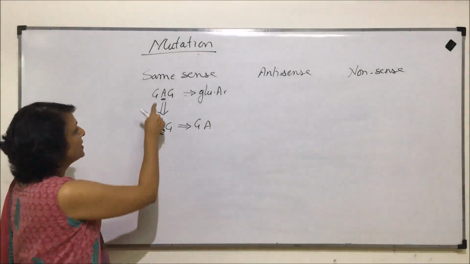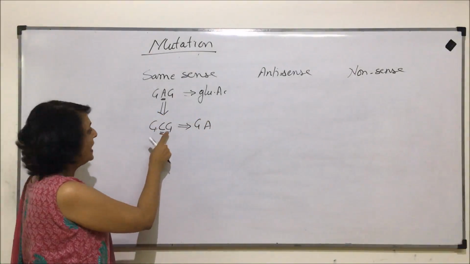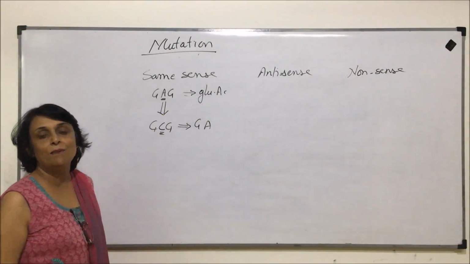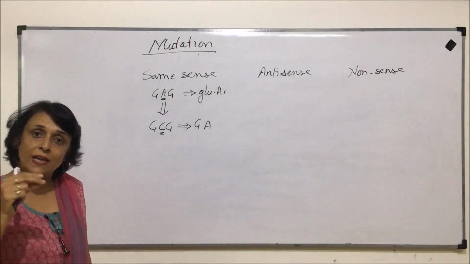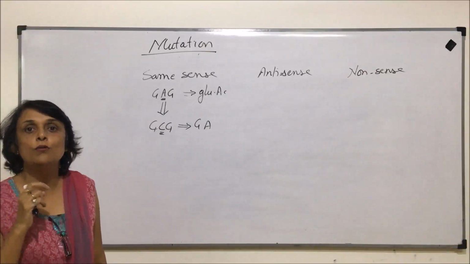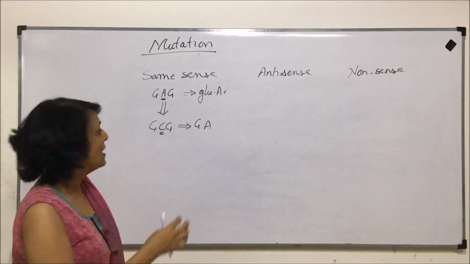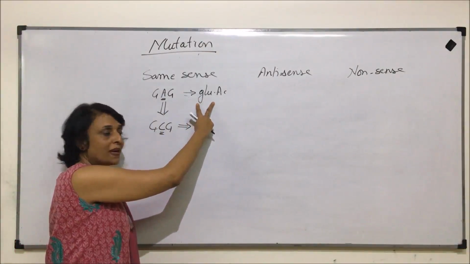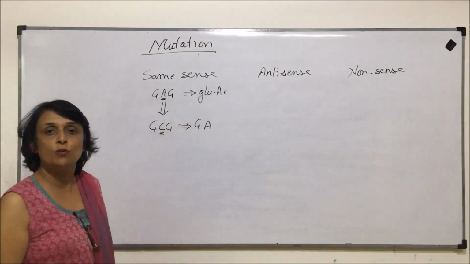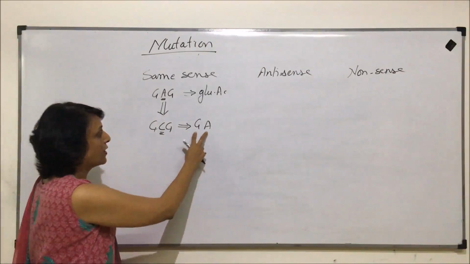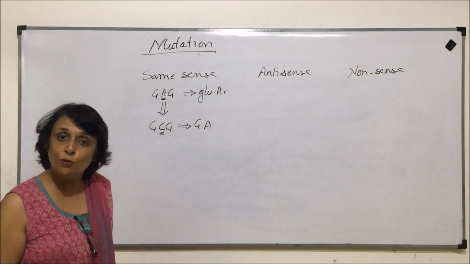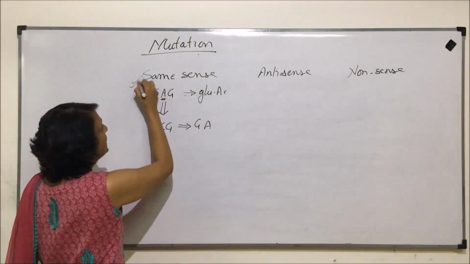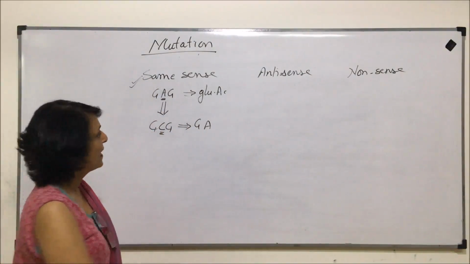So, though there is a mutation, it means the same amino acid. It is not going to affect in any way, because originally also it was responsible for formation of glutamic acid, and after this mutation also the amino acid which is formed is glutamic acid, and that is why we call it same sense.